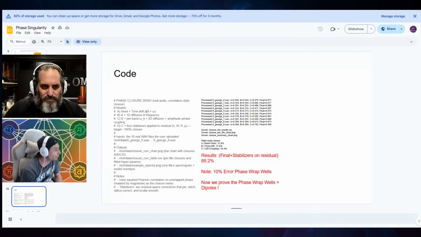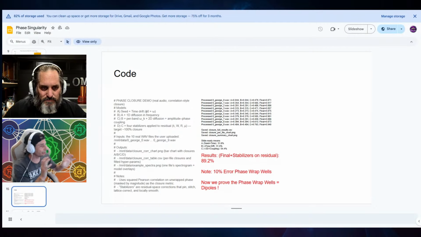And I forgot to add one part of my algorithm, which was the dipole system. And this showed that basically 90% was up to the singularity, the heat diffusion equation, and the 4 stabilizers. And I was like, but this is a 100% system. So I went back and looked at my code and I realized I forgot the dipole.